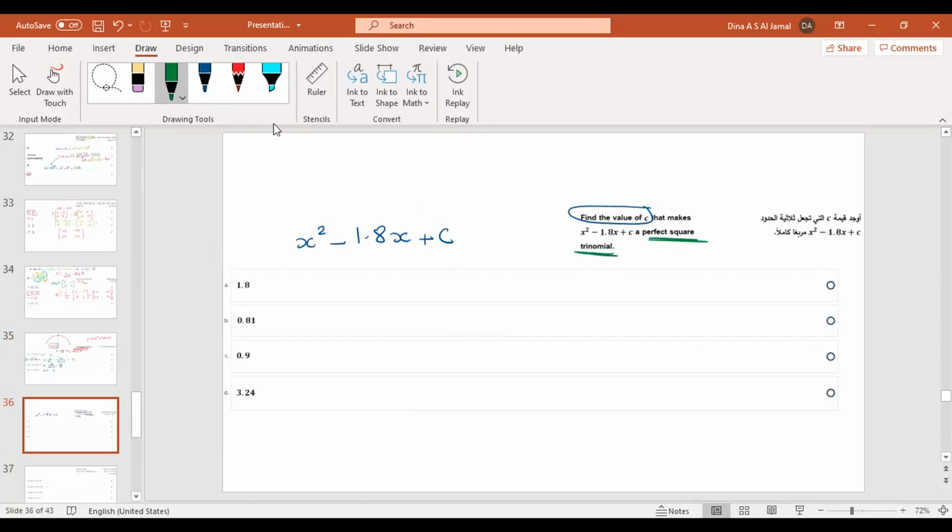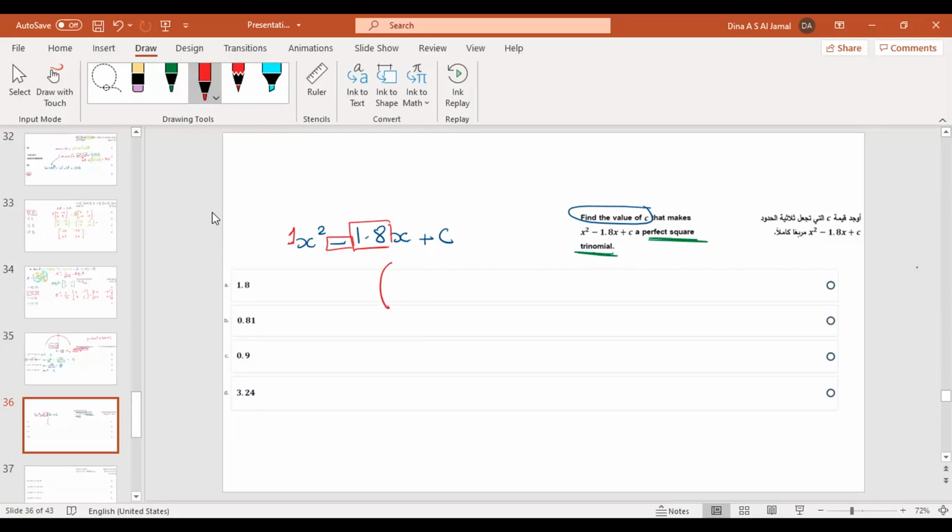So whenever I'm having a perfect square trinomial, your first step is to just take this value, especially if you are having a coefficient of 1. Take this value, and since it will be squared, even if you took the minus, it will not make any difference.